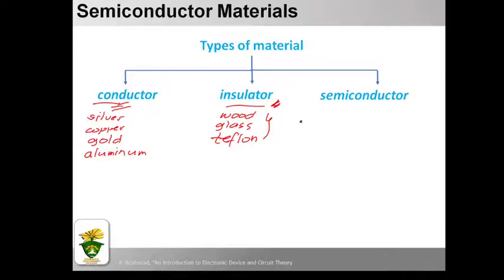Okay? So how about semiconductor? A semiconductor is a material that has a conductivity level somewhere between the extremes of insulator and conductor. So, it is in the middle part between the conductor and insulator. Prominent examples of that are silicon, germanium, and gallium arsenide.